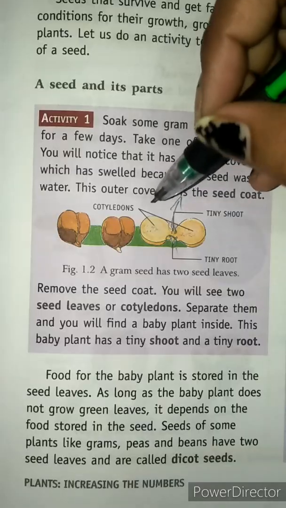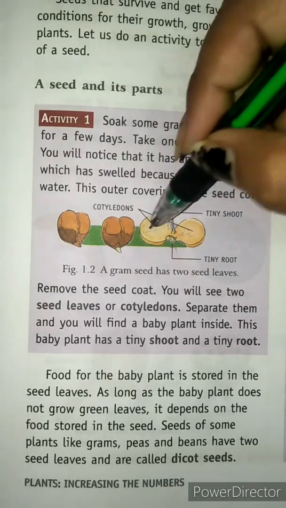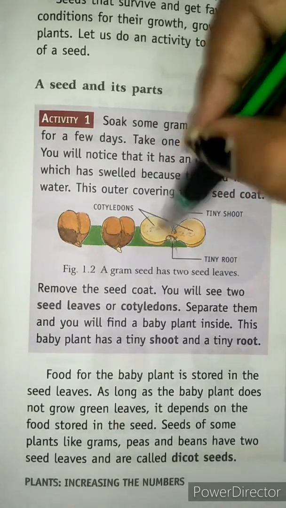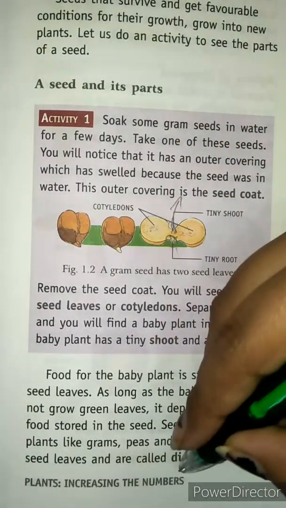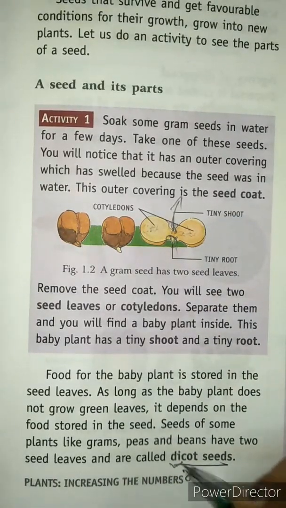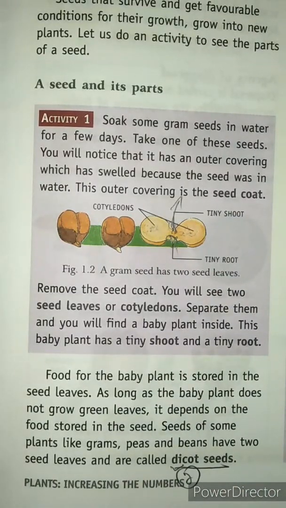Okay, and if a seed has two cotyledons, so let's see, these are two in number, and if the cotyledons are two, that means they are dicot. Di means two, and cot means cotyledon. So dicot says they have two cotyledons.